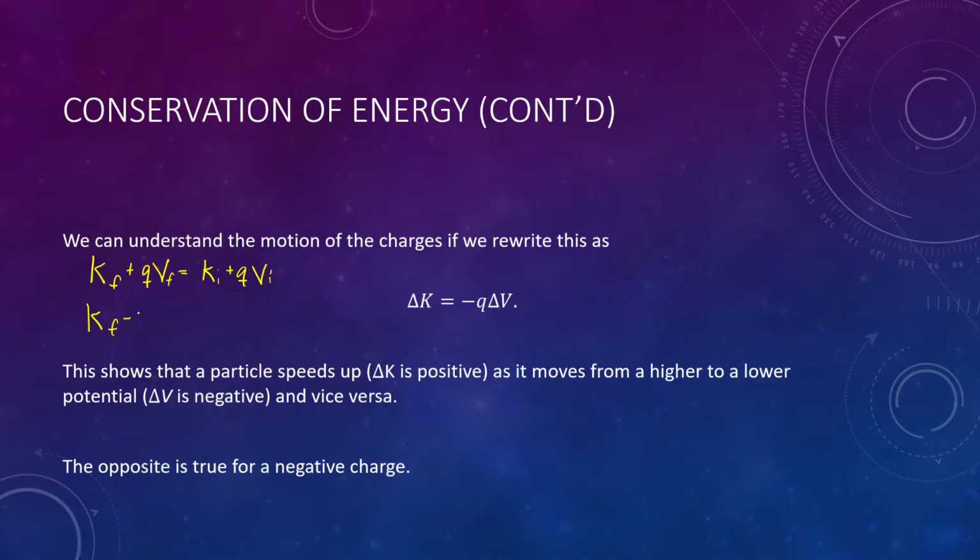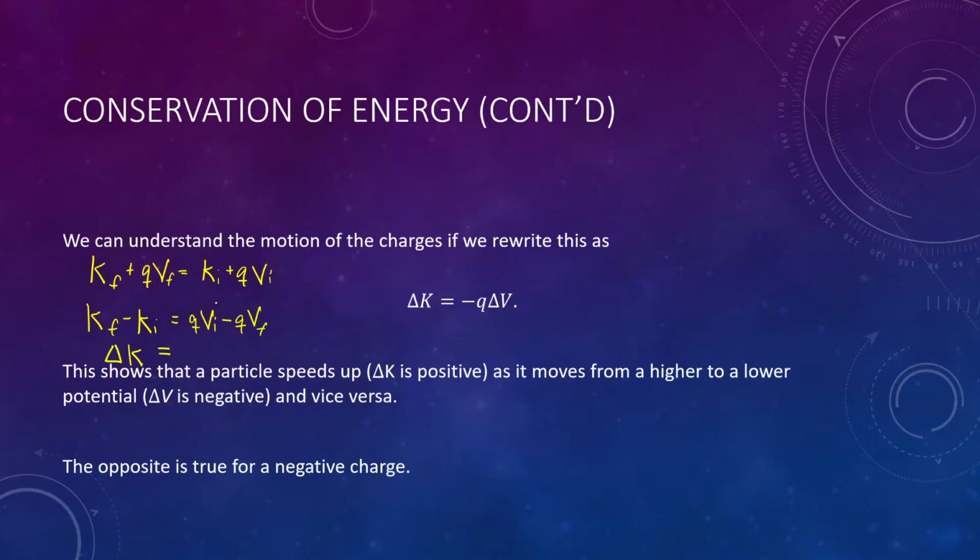K final minus K initial, so I'm subtracting K_i over. And then let's do the same here. Let's subtract QV final over to the right-hand side. So we have QV initial minus QV final. Okay, well, remember delta means final minus initial. So that just becomes delta K on the left-hand side.